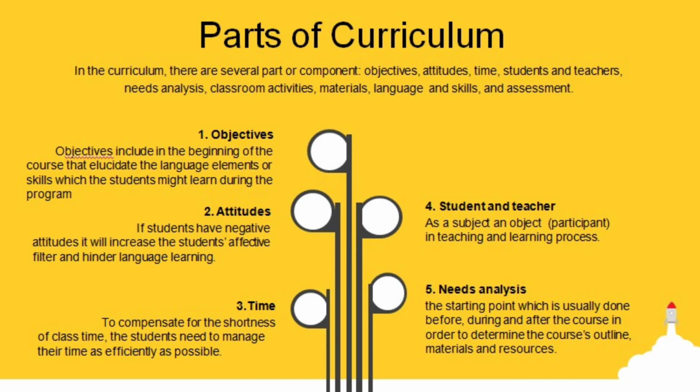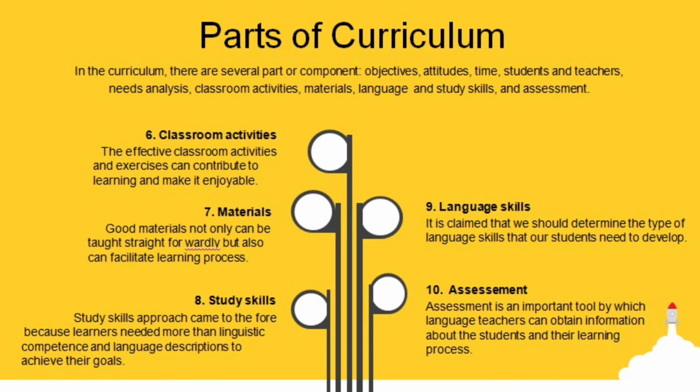And then, student and teacher, as subject and object, or we can say participants in the teaching and learning process. 5. Needs analysis. The starting point, which is usually done before, during and after the course in order to determine the course's outline, materials, and resources. 6.